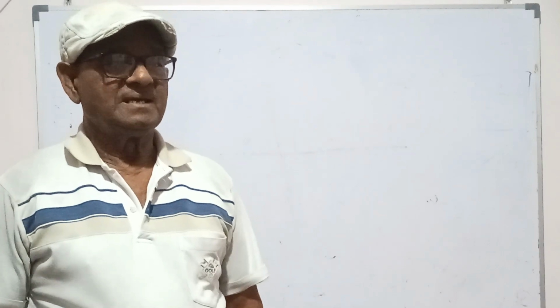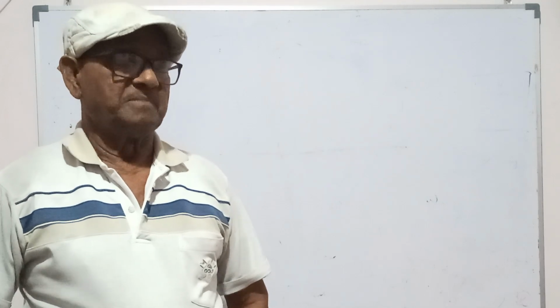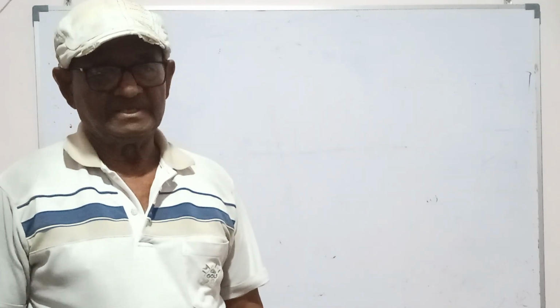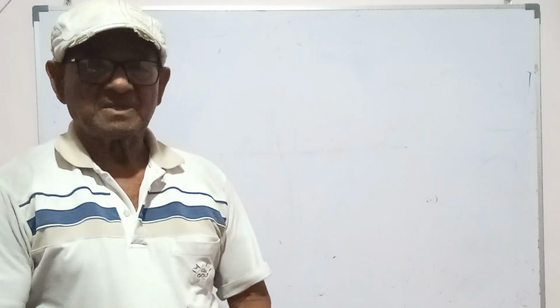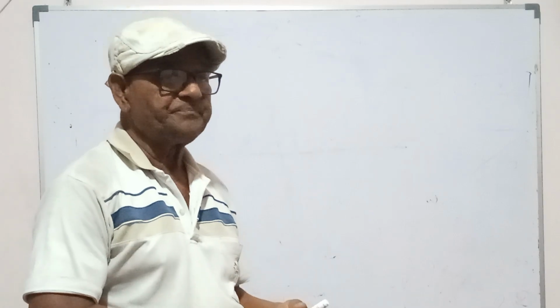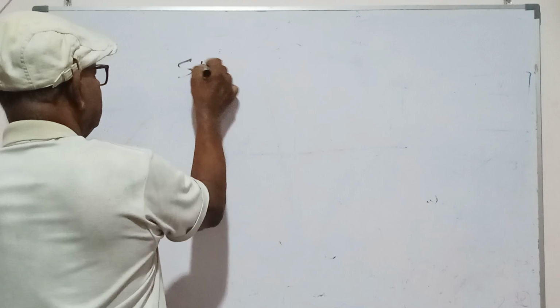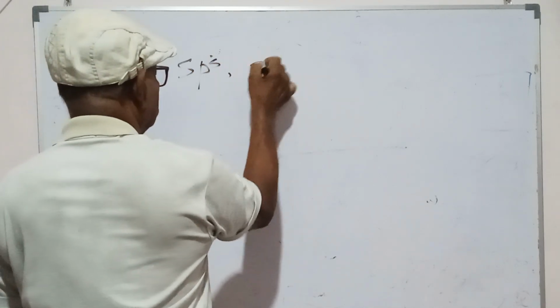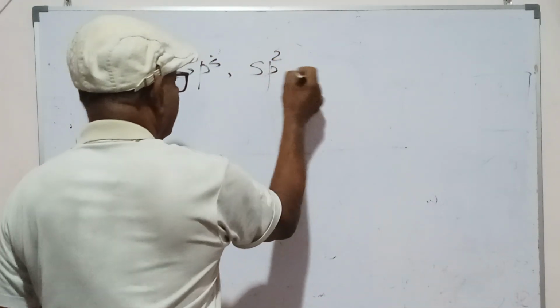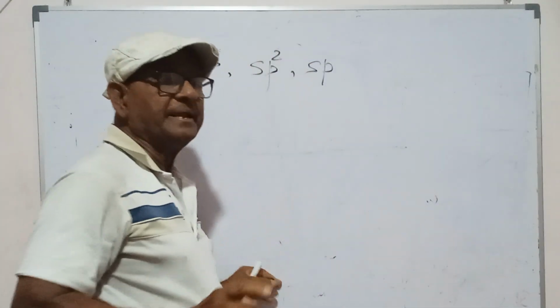Children, I had explained different types of hybridizations in my past videos. So, three types of hybridizations. Do you remember? sp3, sp2, and sp, related with carbon atom.